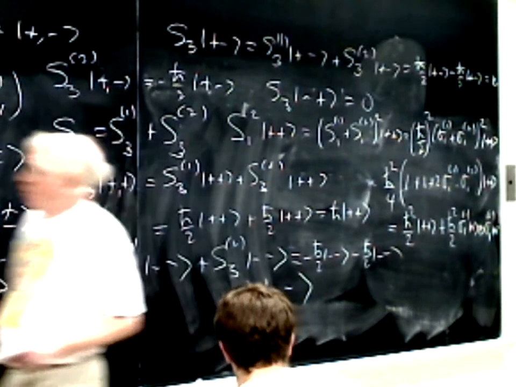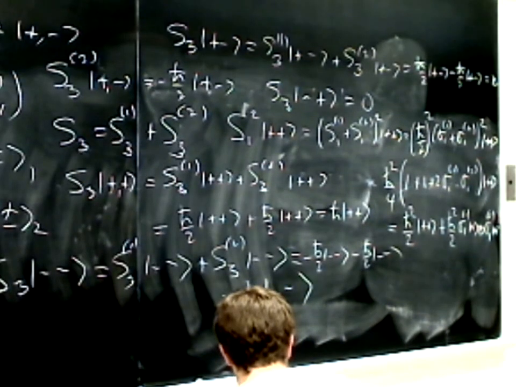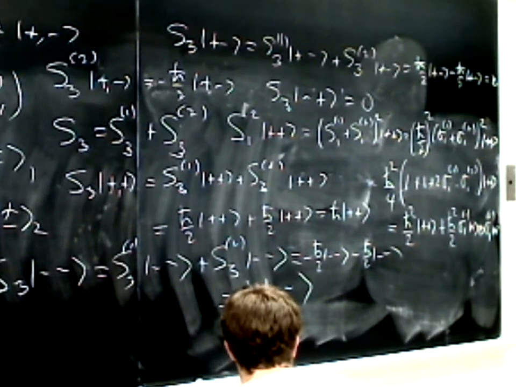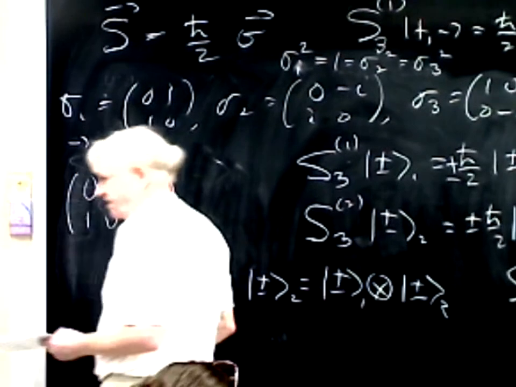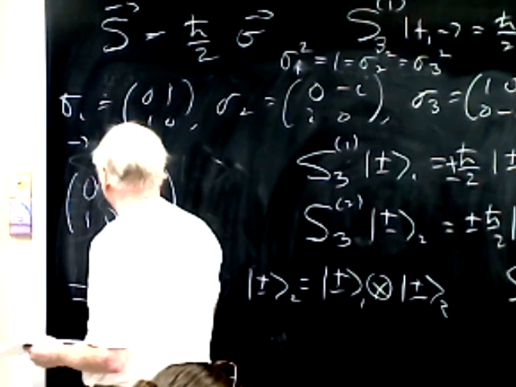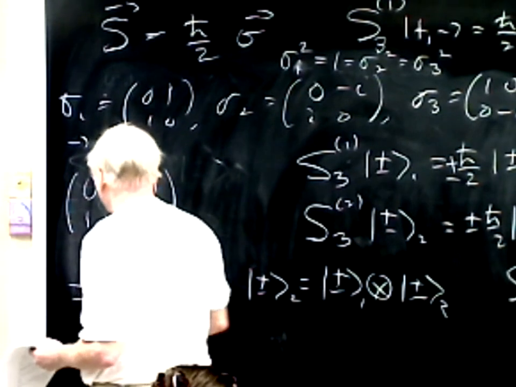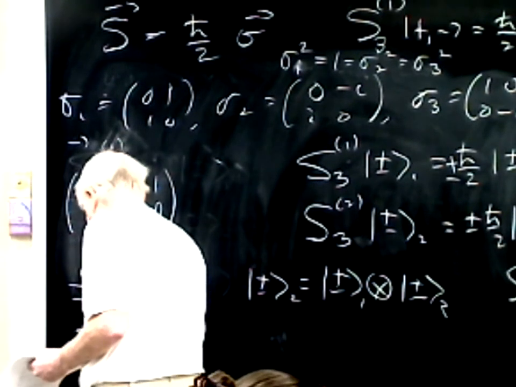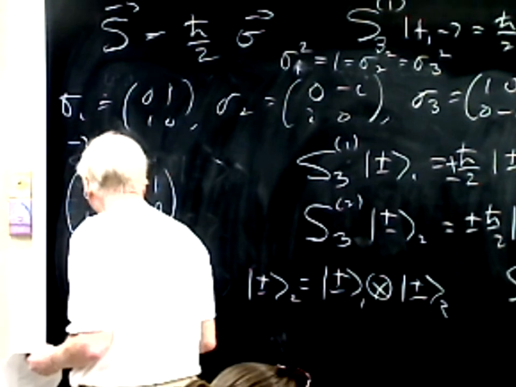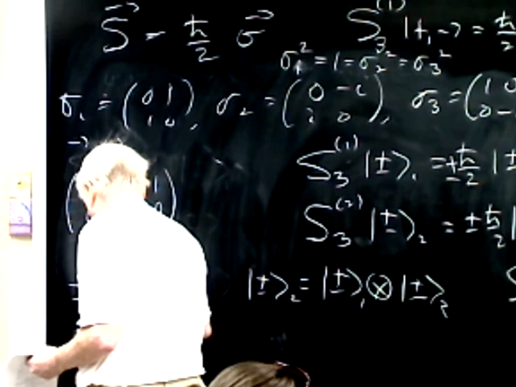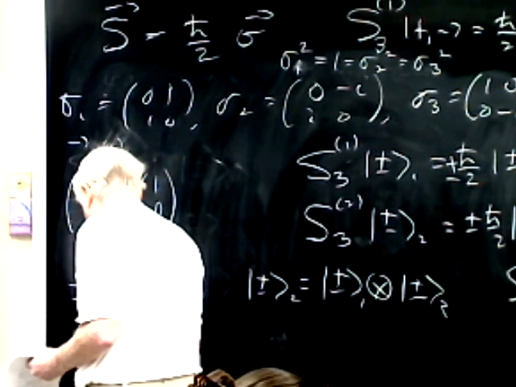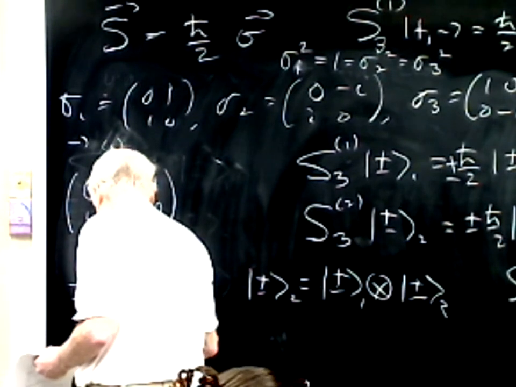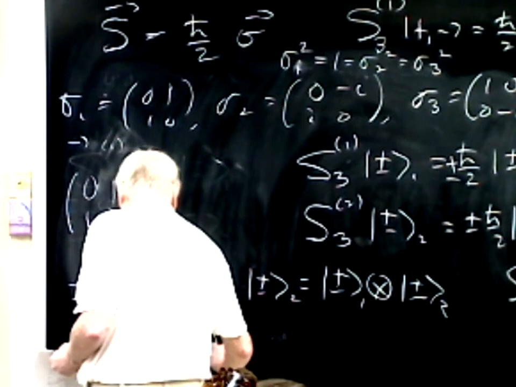Well, sigma 1 looks like that, and just to see what this actually is, the matrix 0 1 1 0 on plus, which we represent as 1 0, is equal to 0 1. So sigma 1 on plus is equal to minus.